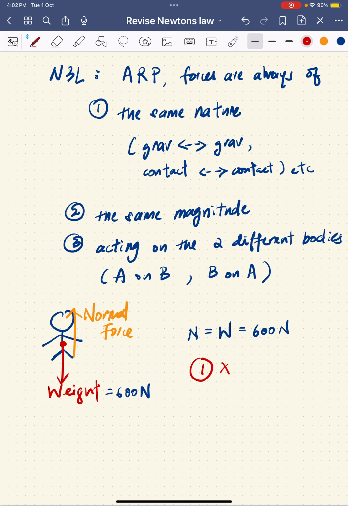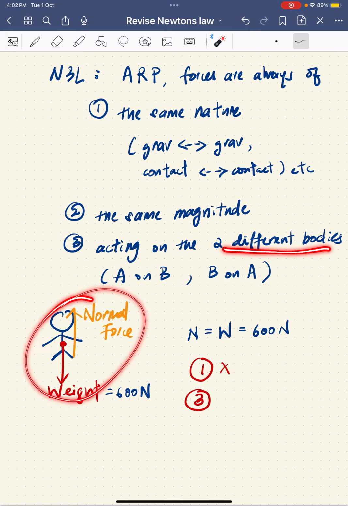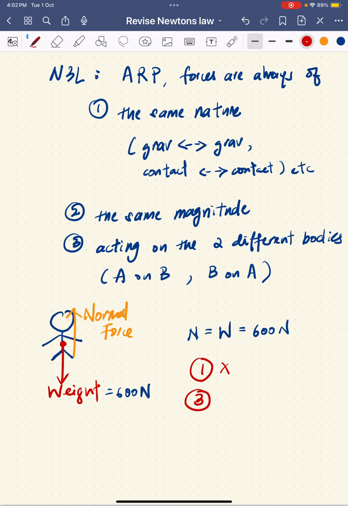Now if we check criteria number three, which is acting on two different bodies, here we can clearly see that the normal force is acting on the man, and the weight is also a force acting on the man, so both forces are acting on the same body. Criteria number three is also not met. Therefore, we do not need to examine it further, we can already conclude that the normal force and the weight do not form the action-reaction pair. But let's continue to look at number two.